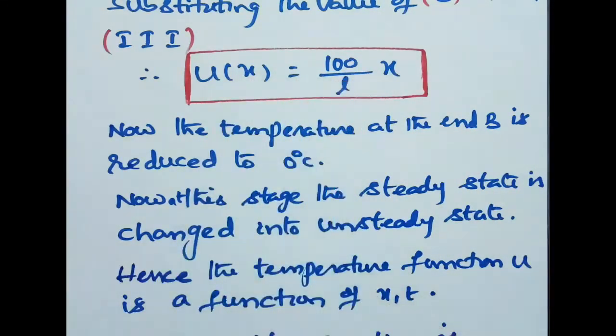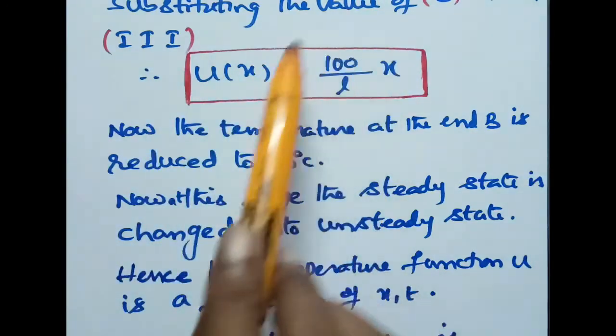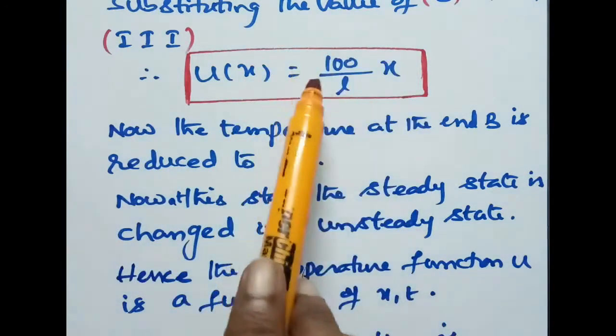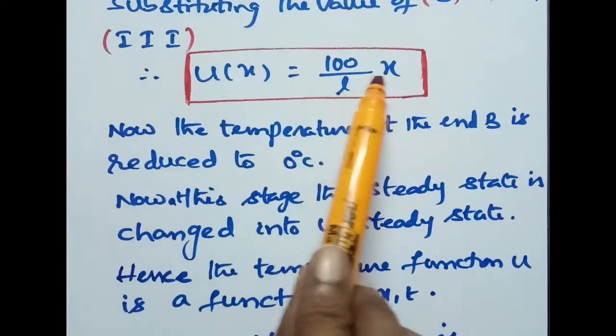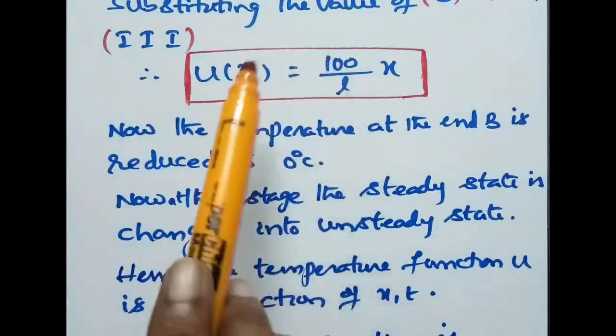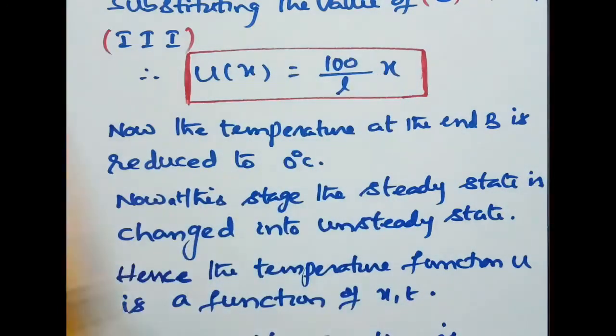That is 100x/L. So in the unsteady state, it becomes the initial temperature at t = 0. After t = 0, it varies with respect to time t. Then we have to find the temperature at any time at any distance x in the rod.